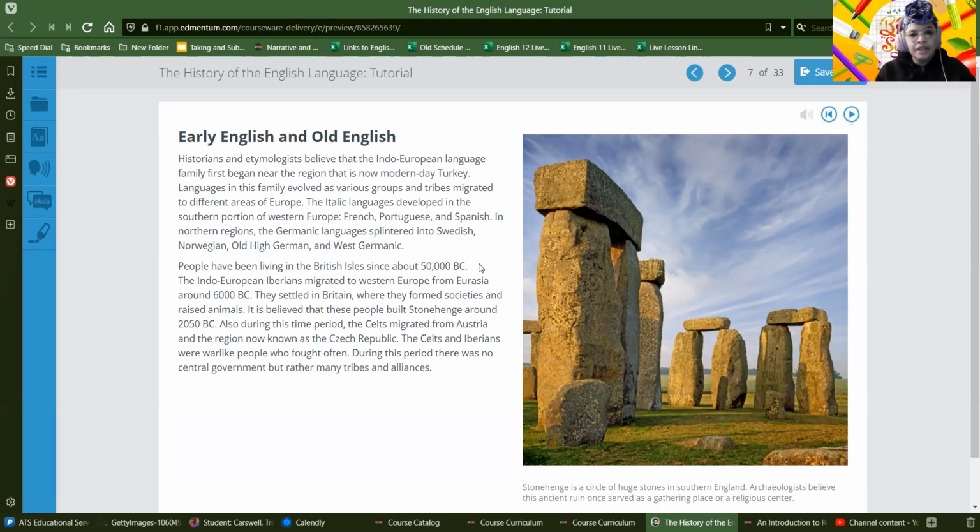It says that the Indo-European Iberians, so they're giving you the name of another group of people, which is what they called themselves at the time, migrated to Western Europe from Eurasia around 6000 BC. I know that it's a lot of numbers and information here, but it's important to understand the timeline of how long people have lived and stayed in these places.